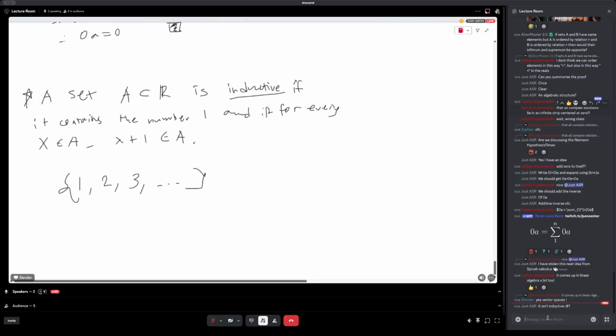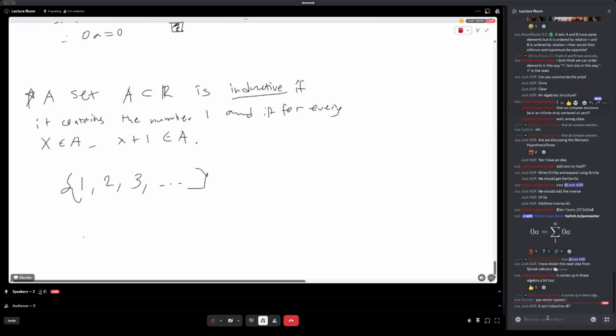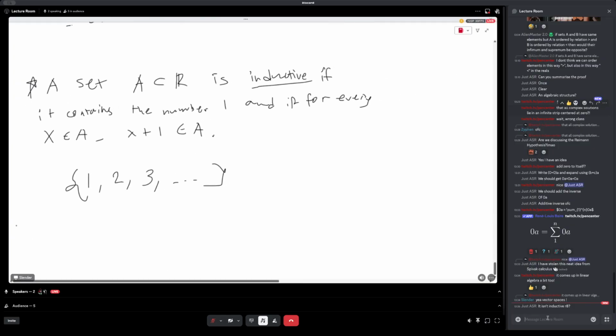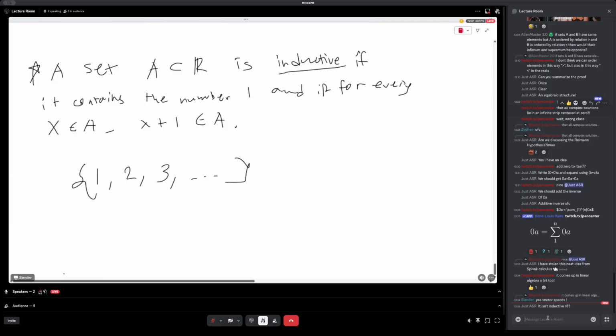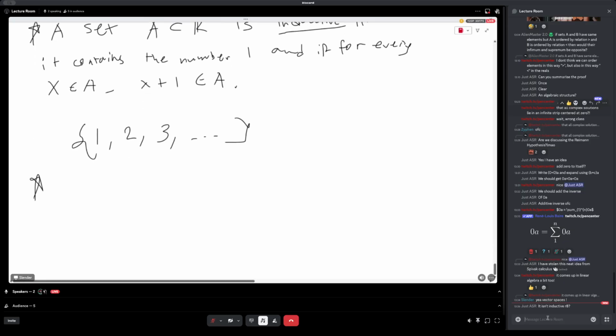So that's basically what an inductive set is. Now, using this, we can define the set of positive integers.